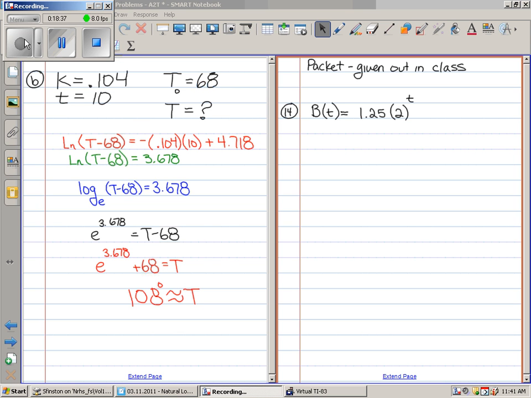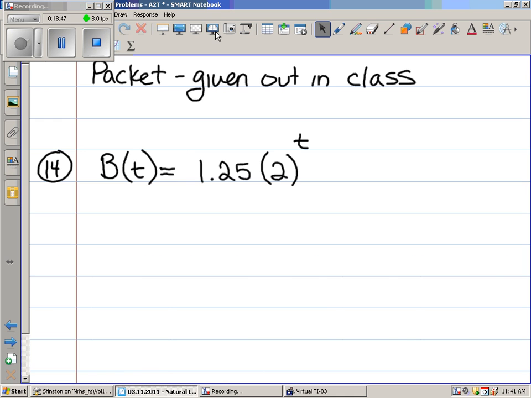Real fast. Isn't it disgusting how fast bacteria grows? So here's the deal. What did it tell you? This B of T business over here represents bacteria in thousands.